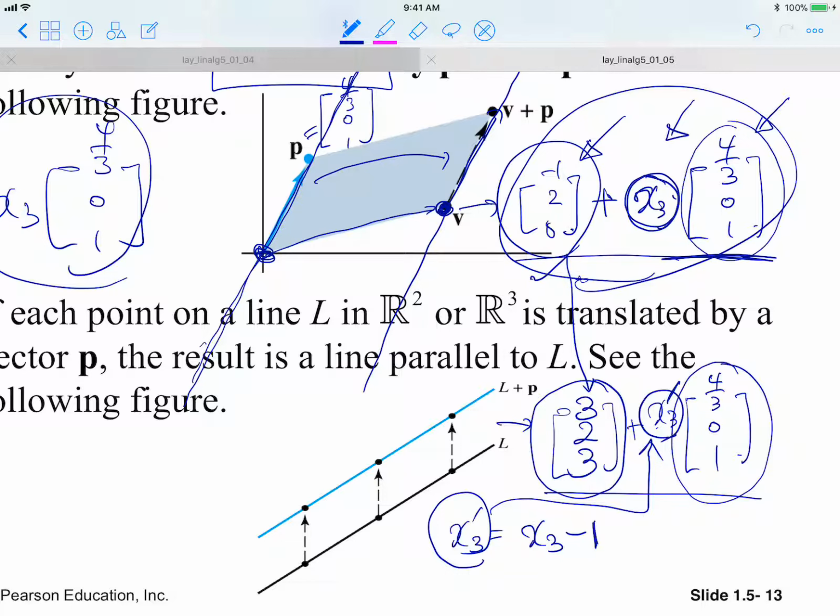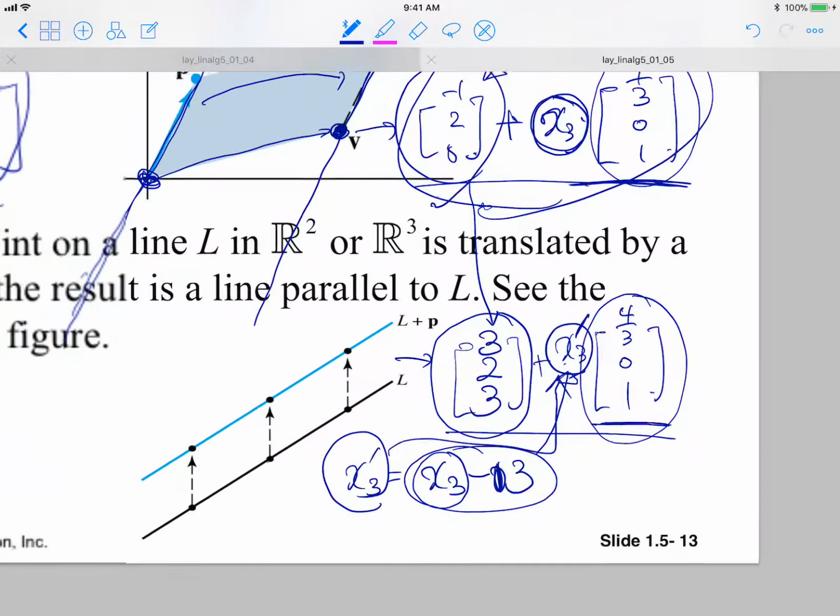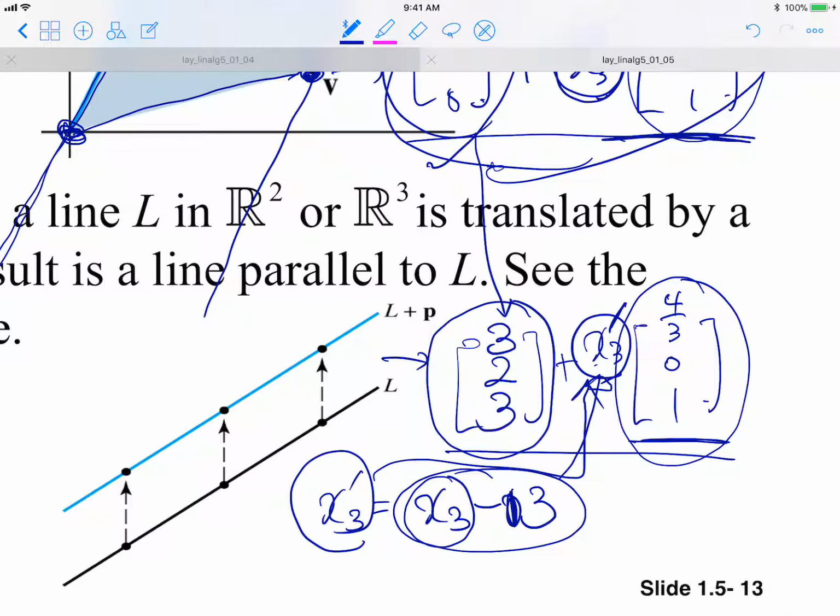No, it is not 1, it is 3. Once we plug it in, it will be x3 times this vector, minus 3 times the same vector (4/3, 0, 1).